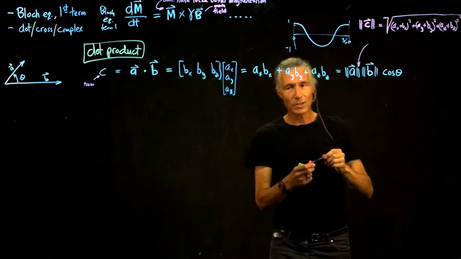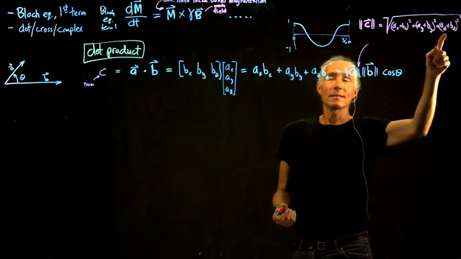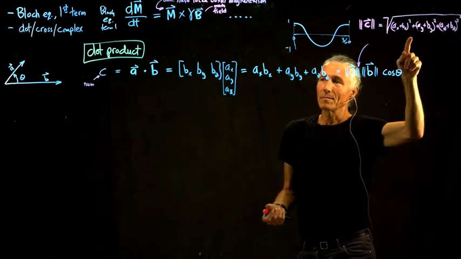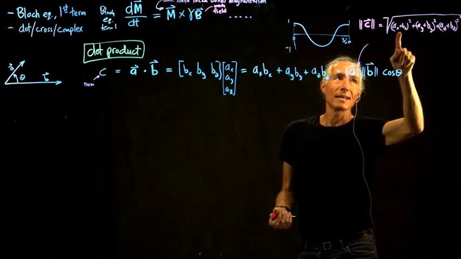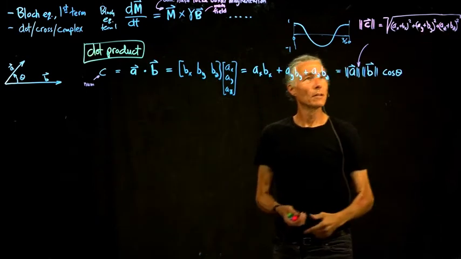That's just the Euclidean distance. Since those are just the coordinates of the c vector, that would be the same as cx squared plus cy squared plus cz squared.